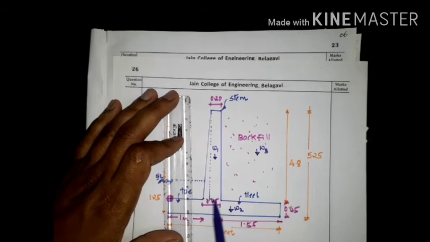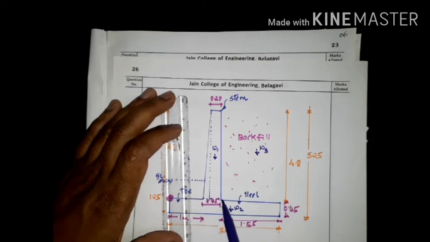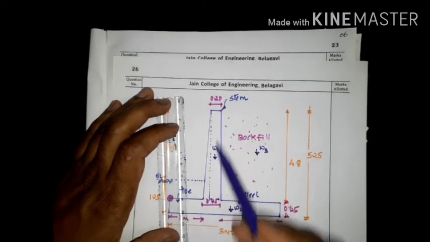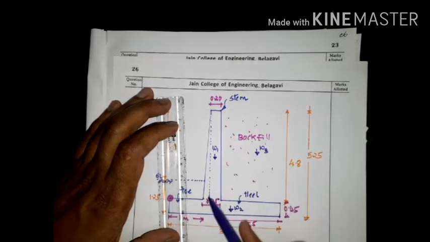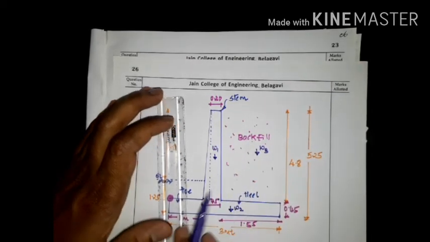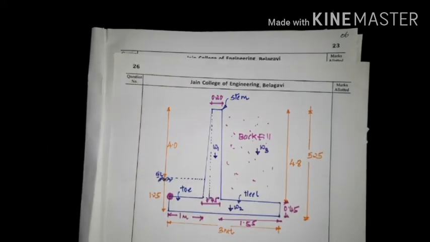Understood? So I will divide in two parts because the stem is in trapezoidal shape. At the bottom it is 0.45 and the top it is tapered to 0.2. Okay, so for that you have to do the calculation.